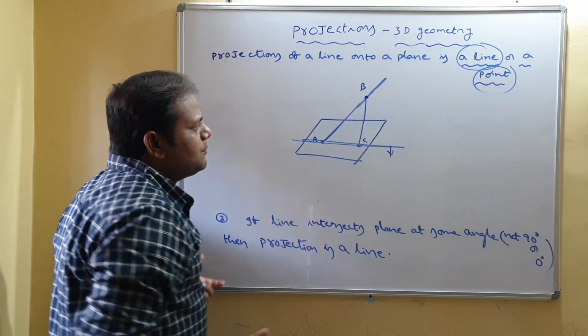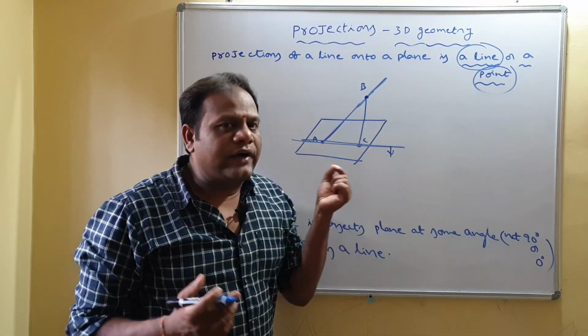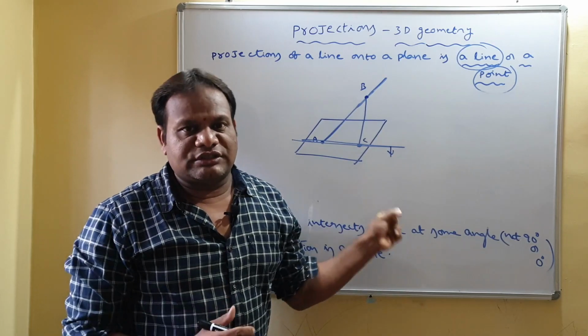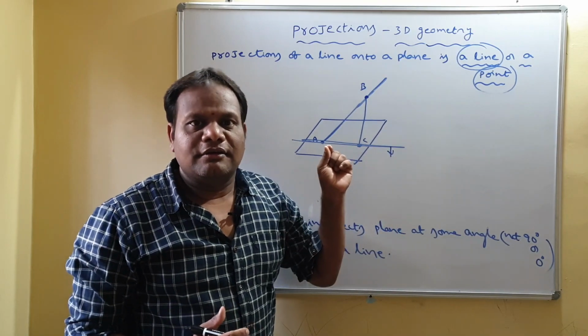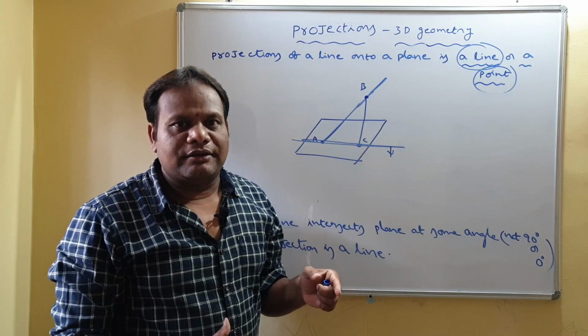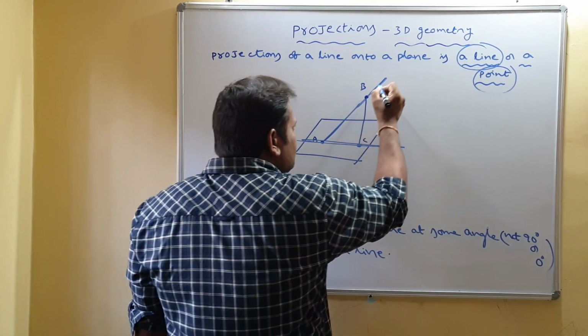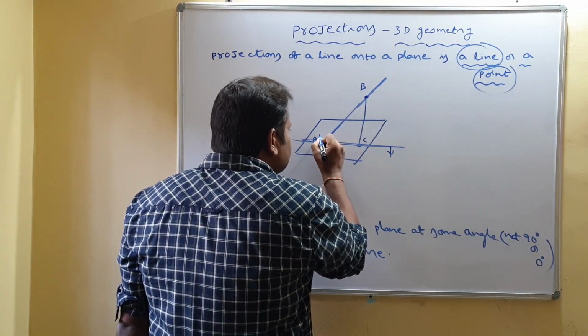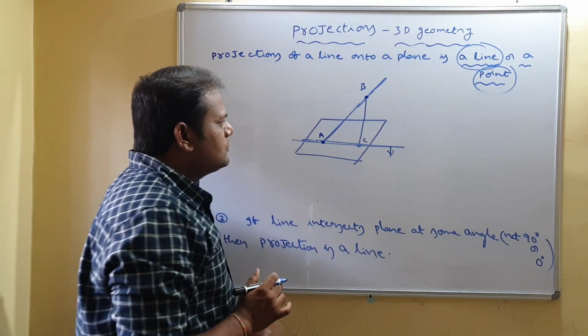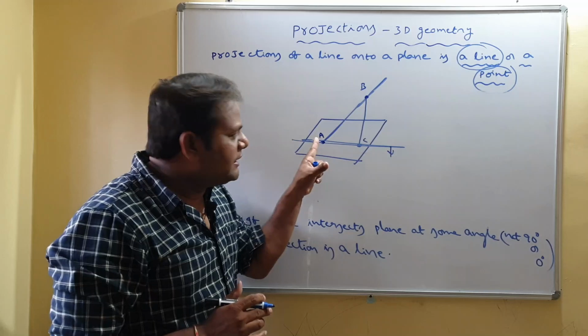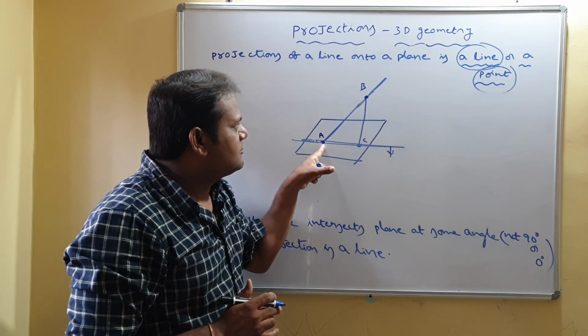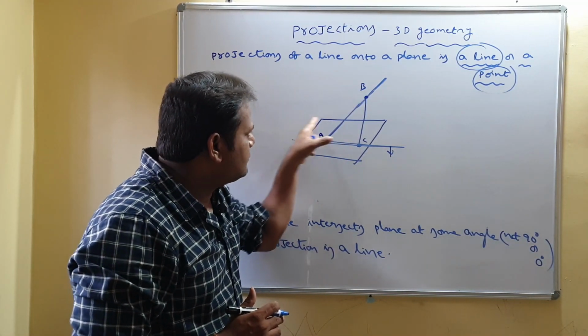So in the exam, if they ask to find the equation of the projection of the given line onto the given plane, then what we do? See here. So first you find this point A. What is A? It is the point of intersection of line and plane.